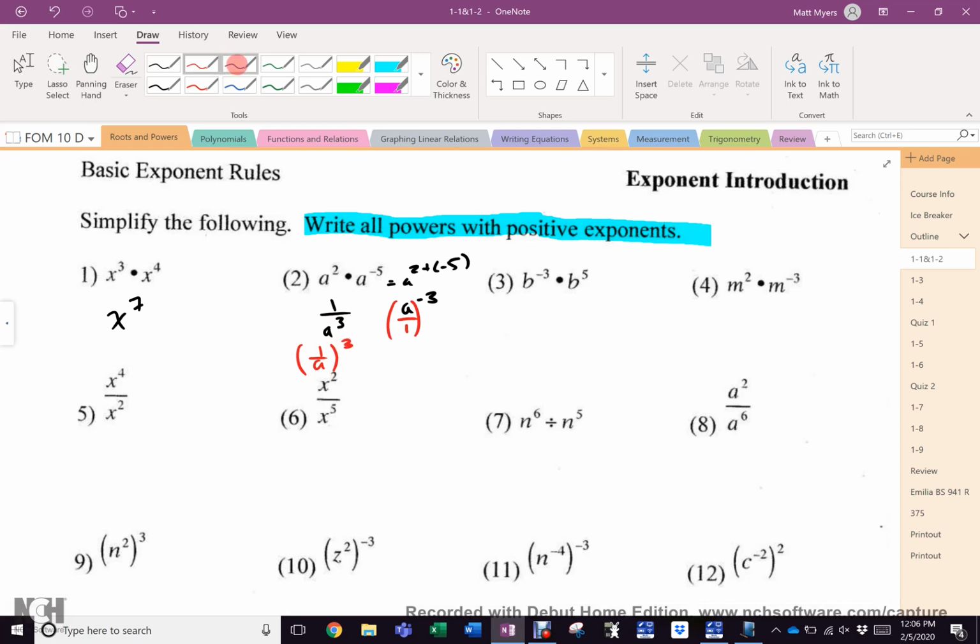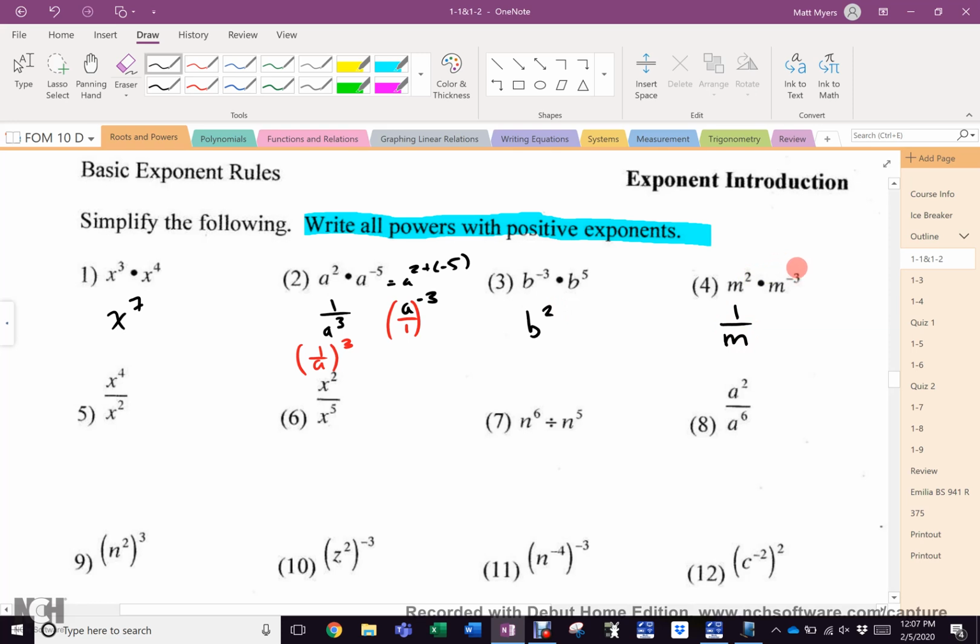Excellent. Who's doing the next one? Keegan. B squared. Way to get out of that one. And Abby, number 4. 1 over m. Because once again, 2 plus negative 3 is negative 1.